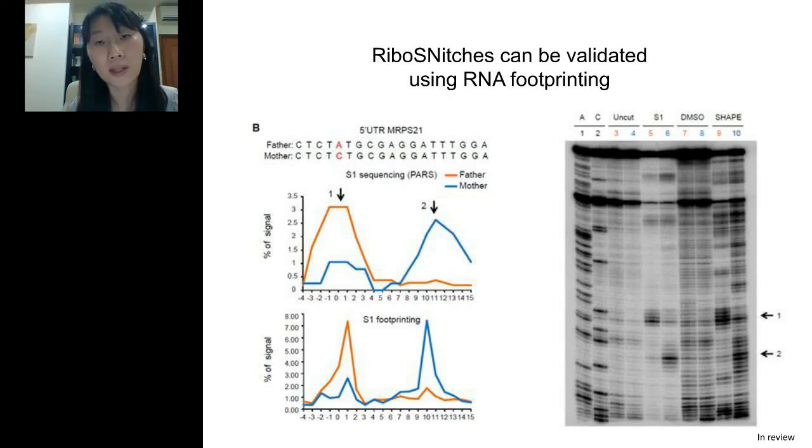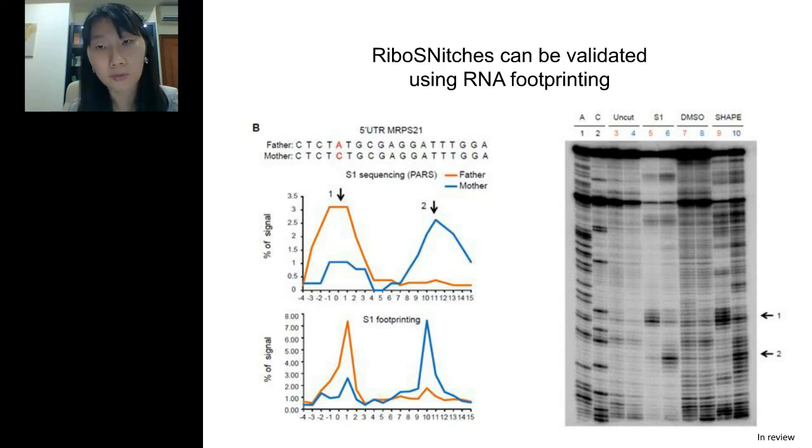Shown here is one of the examples whereby we can see that the father undergoes a single base mutation from A to C in the mother, in the 5' UTR of this gene MRPS21. And by S1 sequencing, we can see a huge change in the structure profile. That we can also reproduce by manual footprinting.